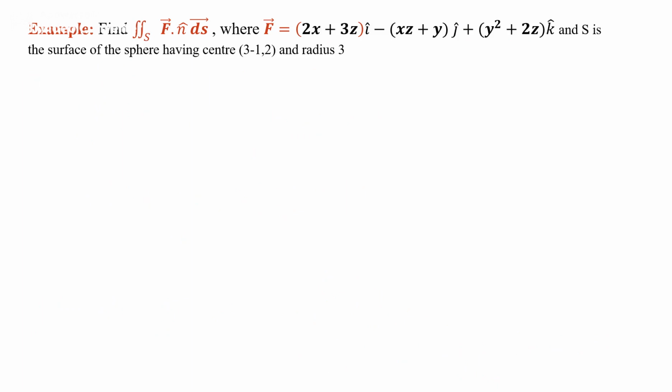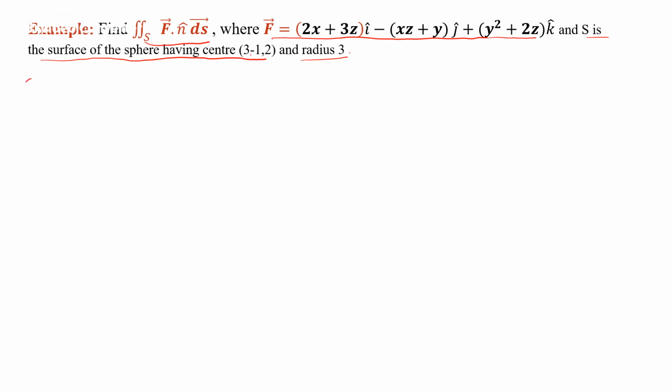Next example, find the double integral of f dot n ds where f is the vector function (2x plus 3z)i minus (xz plus y)j plus (y square plus 2z)k, and S is the surface of a sphere having the center (3, minus 1, 2) and the radius 3.